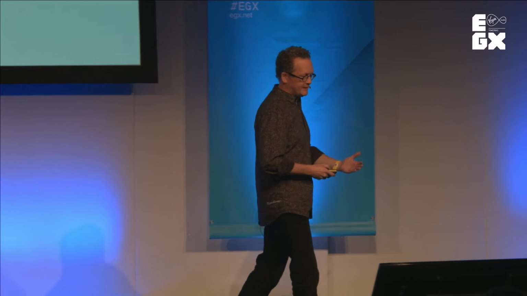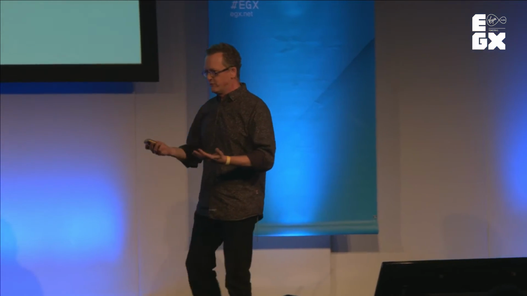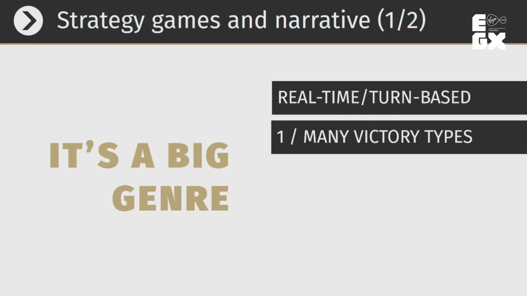Now, the problem we have is strategy games and narrative are a bit of a different creature from the average action-adventure, and that's for a number of reasons. It's a very big genre. There's real-time and there's turn-based, of course. You can have one victory type, total war, you win the total war, or you can have a 4X game where you might have an economic victory, diplomatic victory, military victory, on and on.